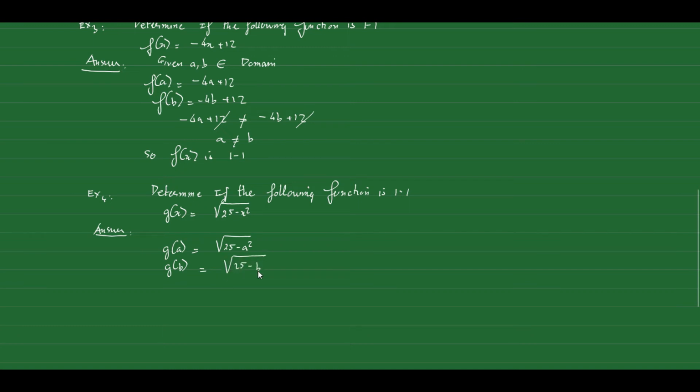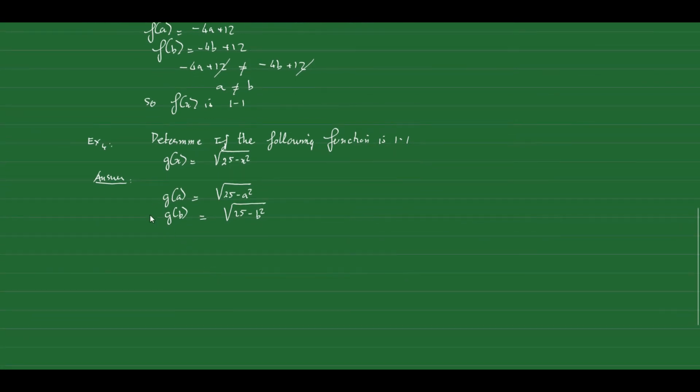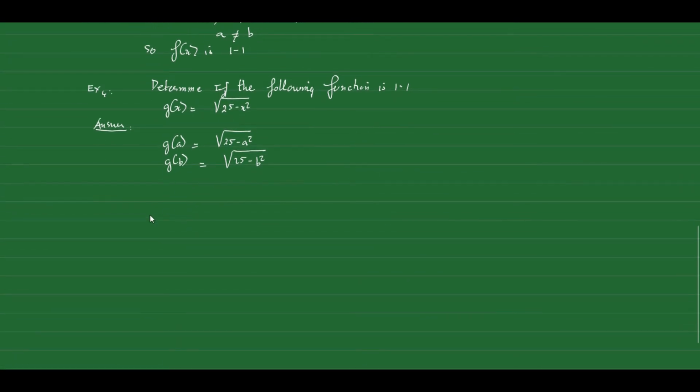If we can show that A is different from B, given GA different from GB, then we're done. Now we can show A different from B if we go ahead and square them.